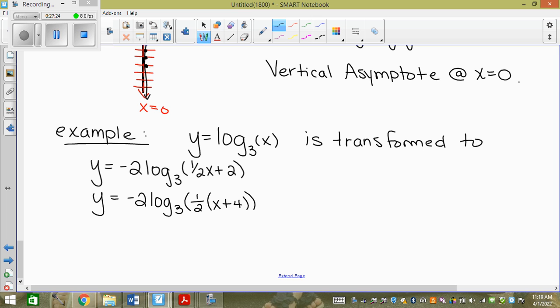All right. So exponential functions, horizontal asymptotes are based off of the vertical translation. We agree? Okay, horizontal asymptotes are based off of your vertical translation. So log graphs are vertical asymptotes. And what are they based off of?